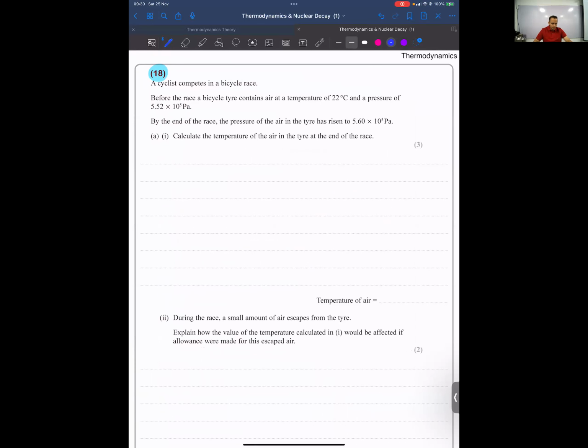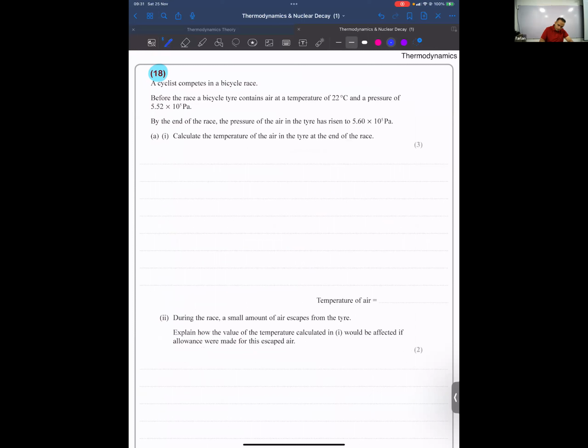Before the race, a bicycle tire contains air at temperature 22 degrees Celsius and pressure 5.5 times 10 to the power 5. By the end of the race, the pressure of the air in the tire has risen to 5.6 times 10 to the power 5. Calculate the temperature of the air in the tire at the end of the race.